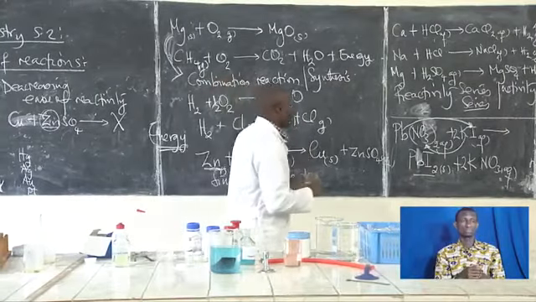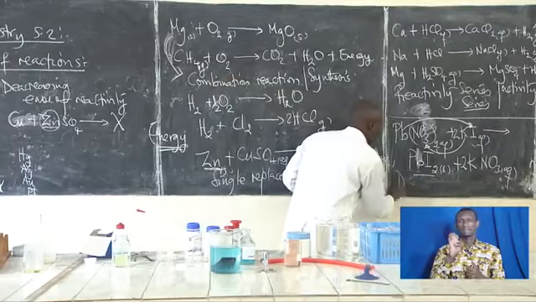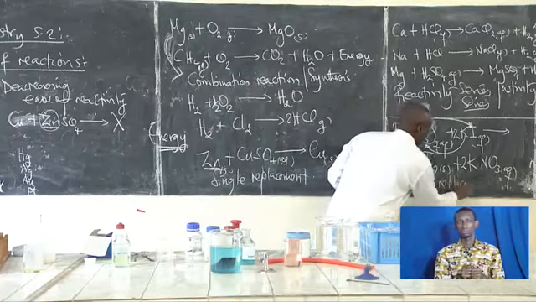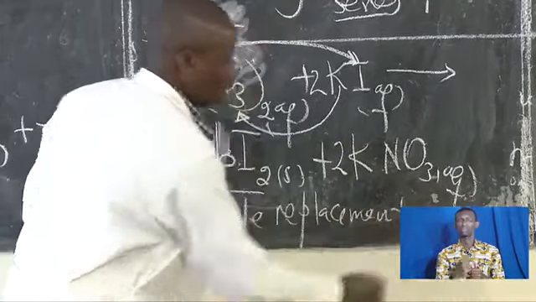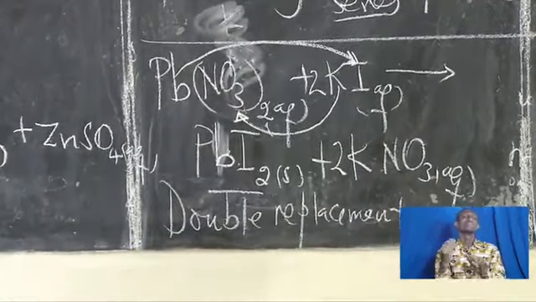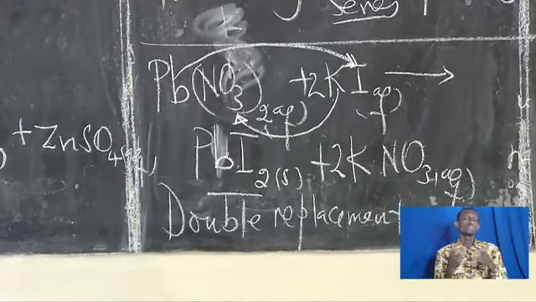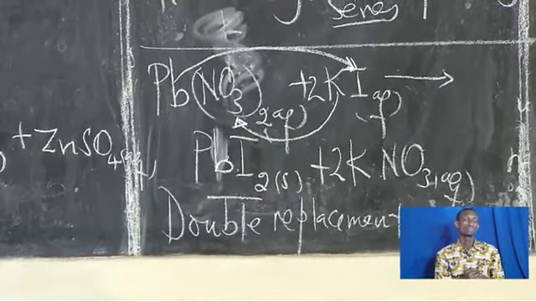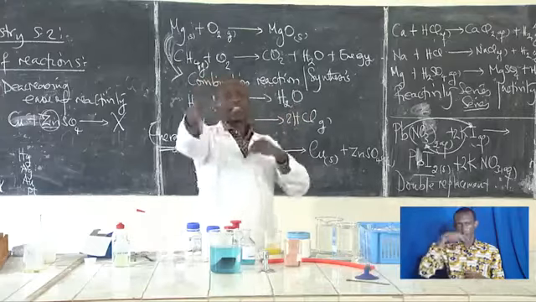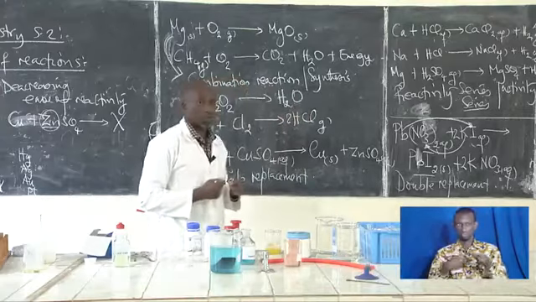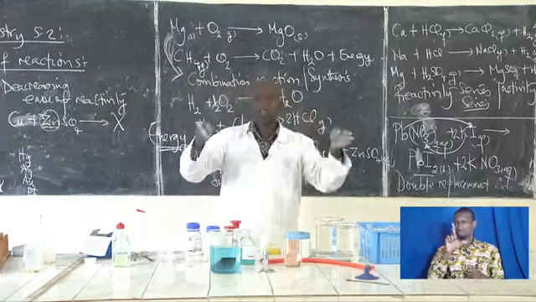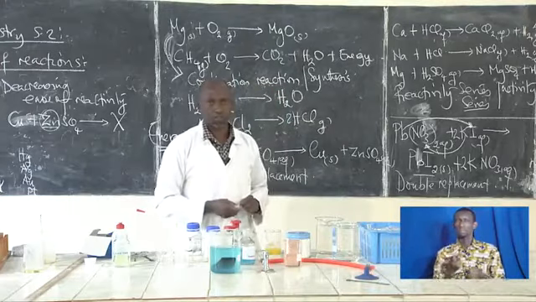Good. This type of reaction is what we call double replacement. In a double replacement, you have two aqueous solutions combining together to produce a solid and another aqueous solution. So a solid is formed from two soluble solutions.